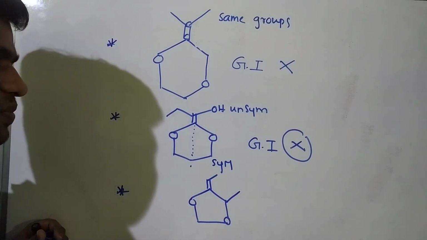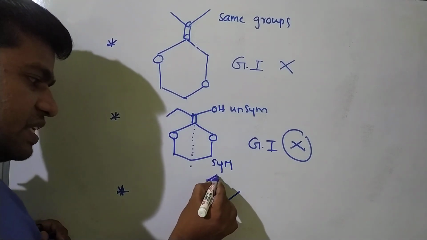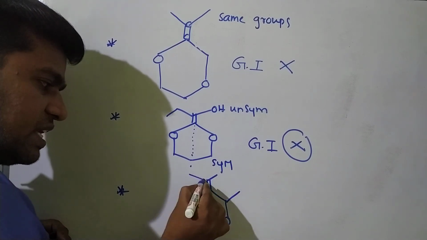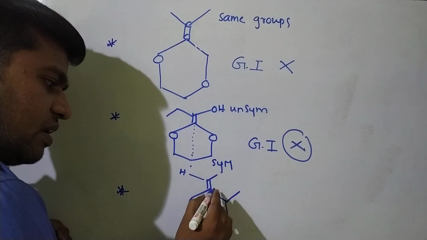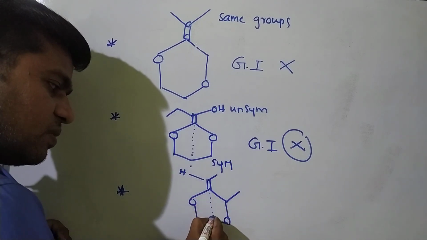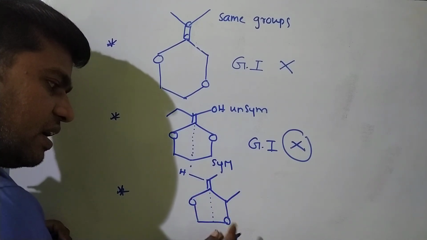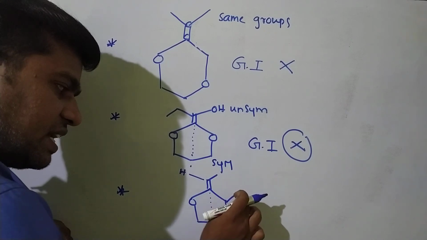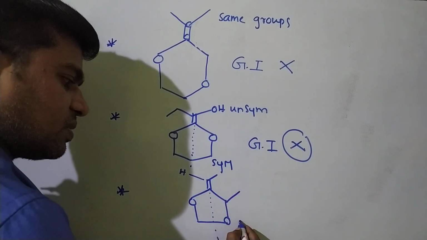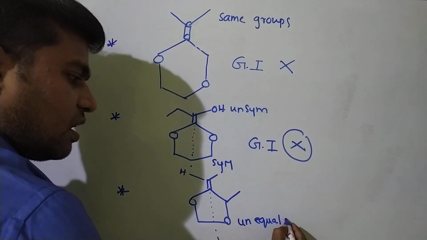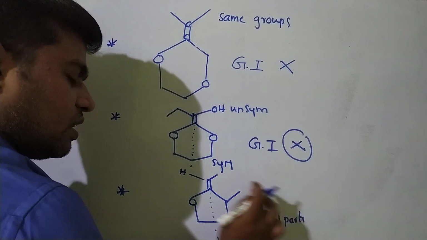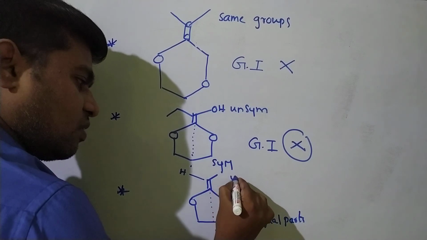Okay, students. Here this is a methyl group, and this is a hydrogen atom, which means these two groups are different. When we bifurcate this molecule this way, this side CH3, this side oxygen, unequal parts. Here also unequal groups.